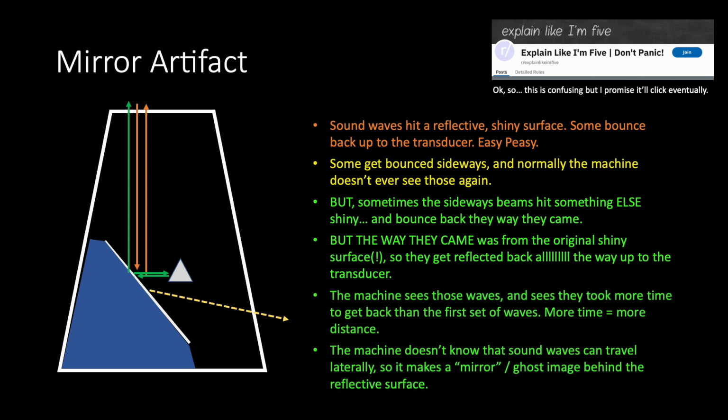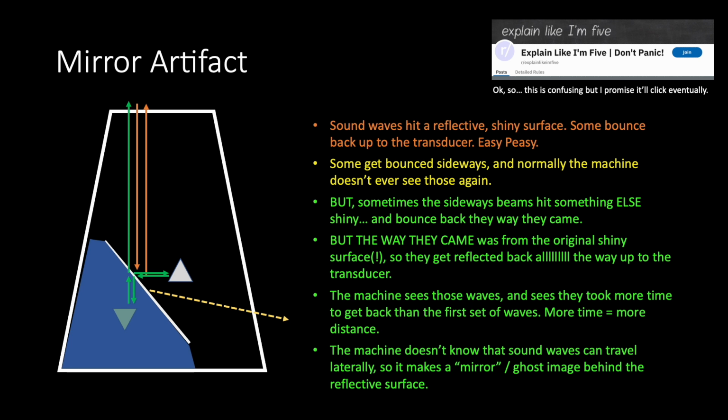Now the machine doesn't know that it's had that little side trip, and so instead it thinks that these waves are reflecting off of a deeper structure. And so the machine will generate a ghostly image on the opposite side of that reflective structure that represents a mirror artifact.